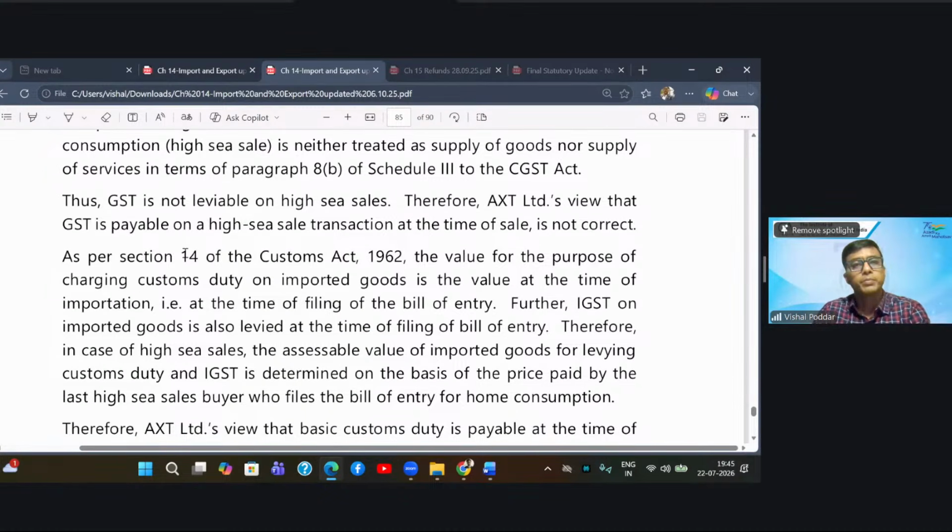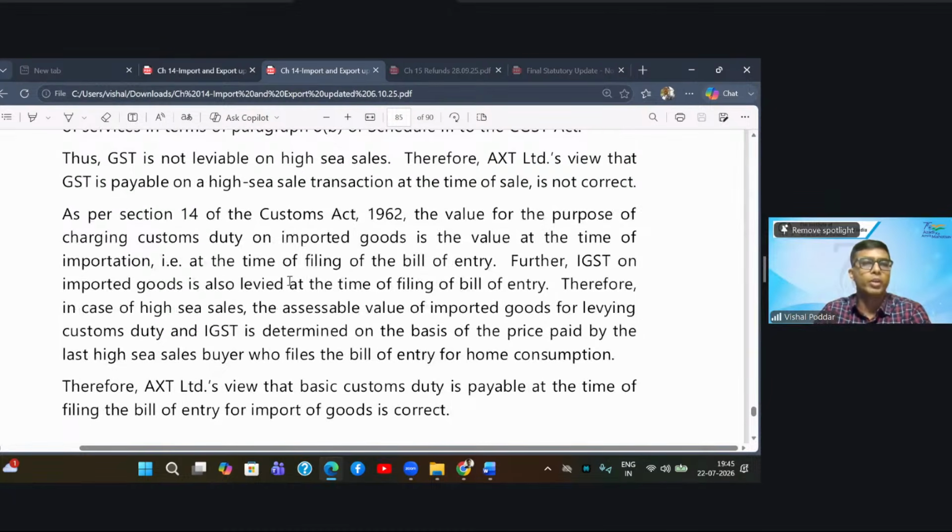But as per section 14 of the Customs Act, the value for the purpose of charging customs duty on the imported goods is the value at the time of importation, that is the time of filing of bill of entry. Further, IGST is also levied at the same time.